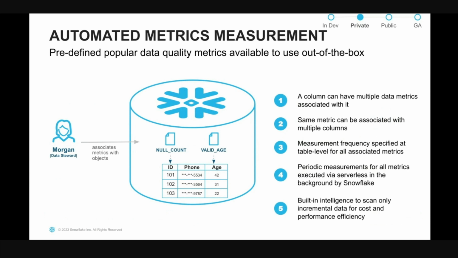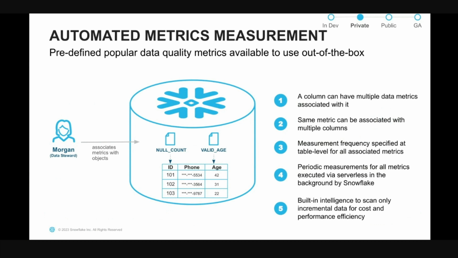The other thing is that it is possible to define periodic measurements to evaluate. And so you don't have to write any code to do these checks. It'll check automatically behind the scenes, depending on how often you want it to check. And the last thing is the built-in intelligence.